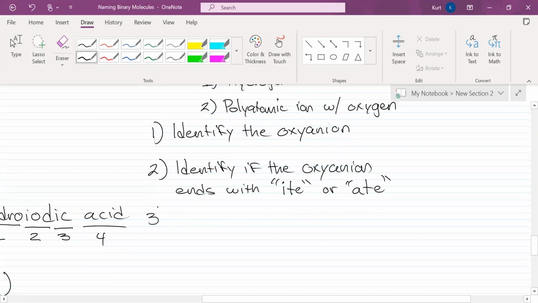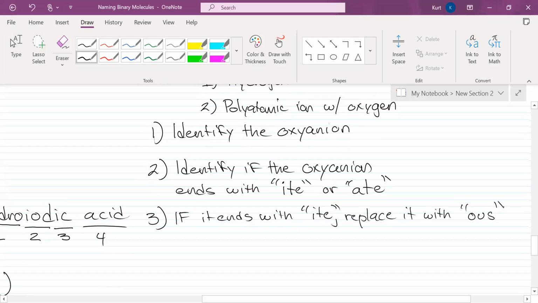Number 3. If it ends with ITE, you're going to replace ITE with OUS.